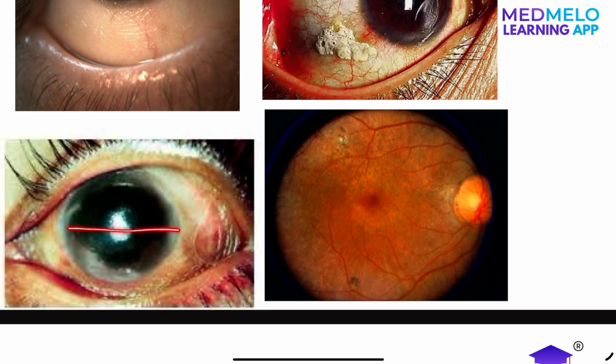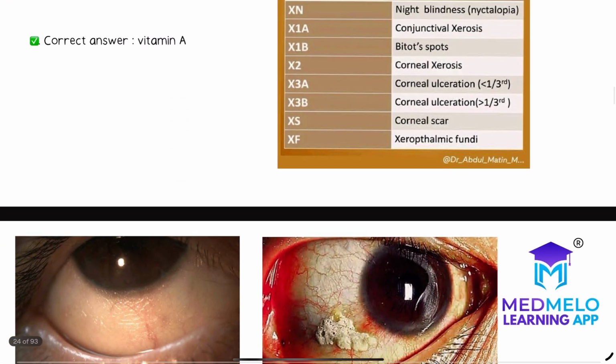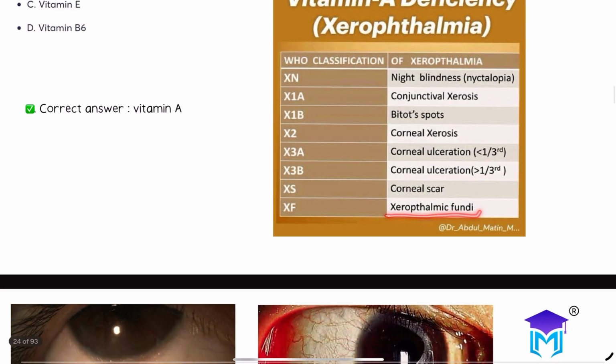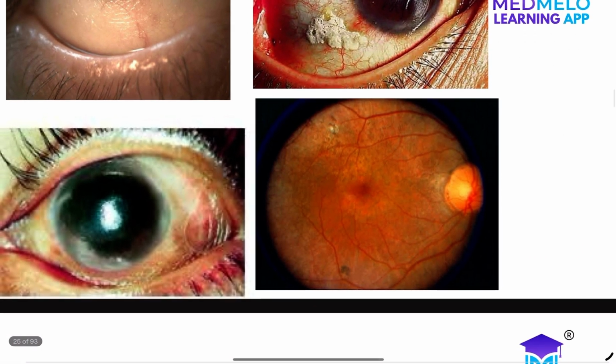If more than one third is affected, it is X3B. That is the corneal ulceration. Then we have XS, that is corneal scarring. Then in XF, xerophthalmic fundus, the fundus changes happen due to the xerophthalmia.